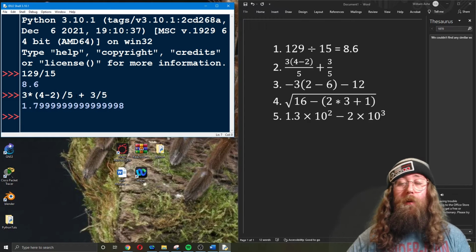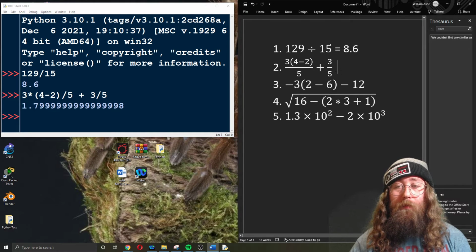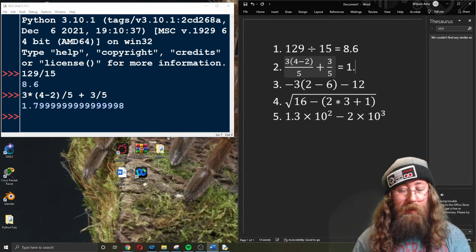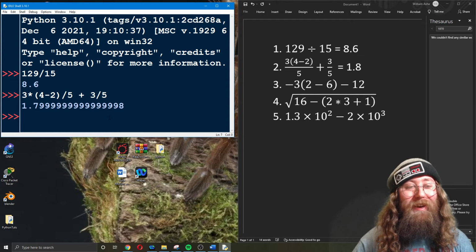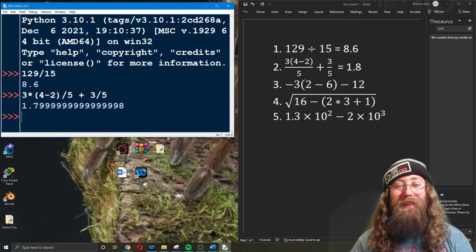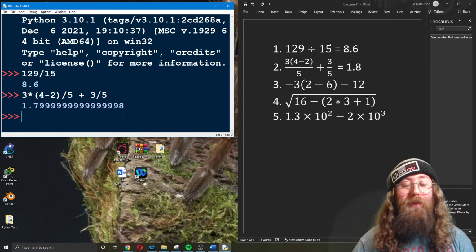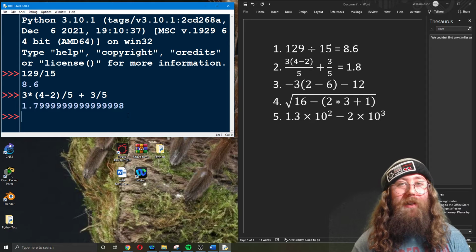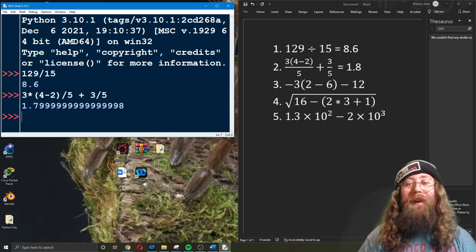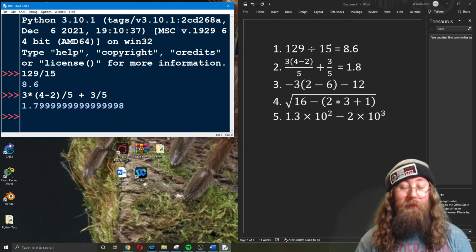So the answer here is 1.8. If you don't believe me, you can do the math. It's 1.8 because it's 9 over 5, and then that gets turned into 1 and 4 over 5, which is 1.8.